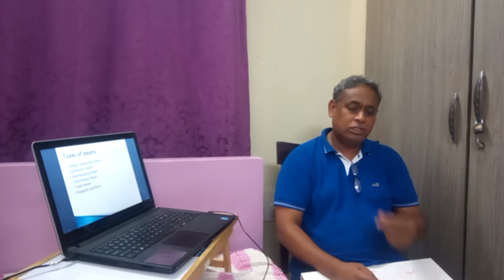Similarly, for a propped cantilever, we provide a simple support at the free end. Then one support is a fixed support, the other support is a simple support. It is a combination of a simply supported beam and a cantilever. Therefore, we have two reactions and one moment, that is moment at A at the fixity, reaction at A at the fixed end, and also reaction at B at the simply supported end.